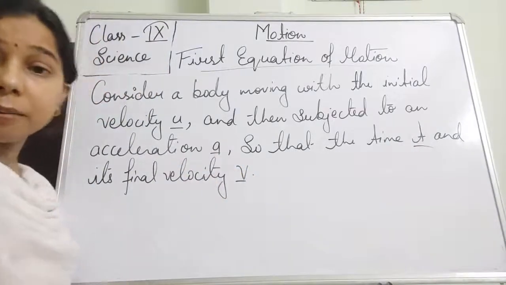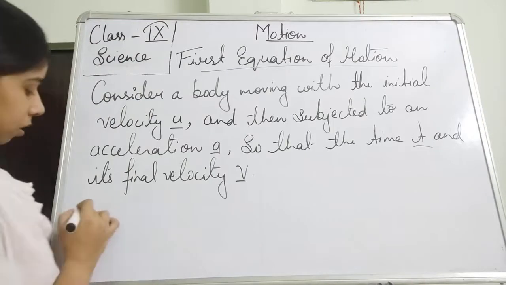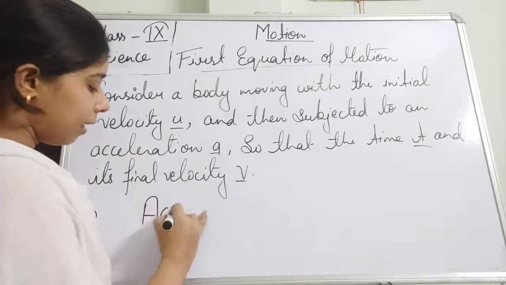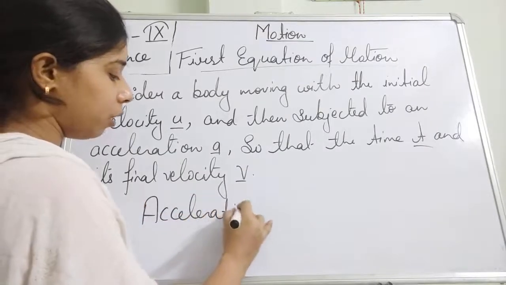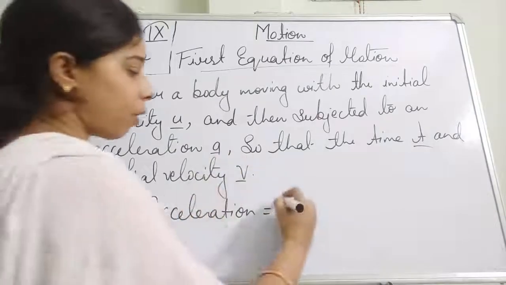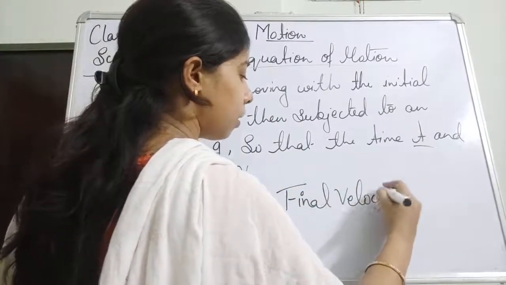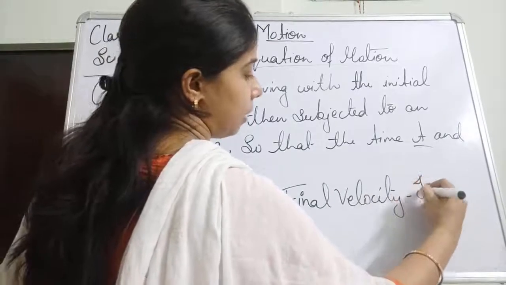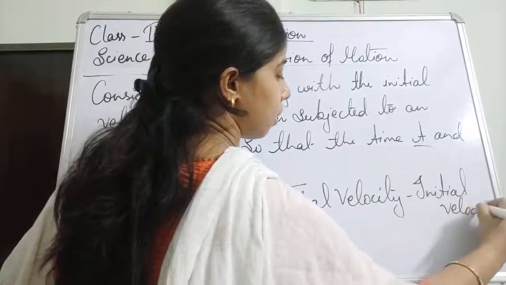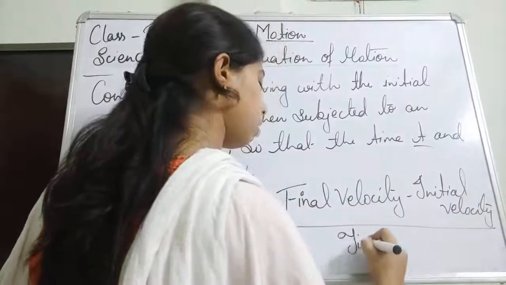At that time, how can we represent the acceleration? We know that acceleration is equal to final velocity minus initial velocity upon time taken.